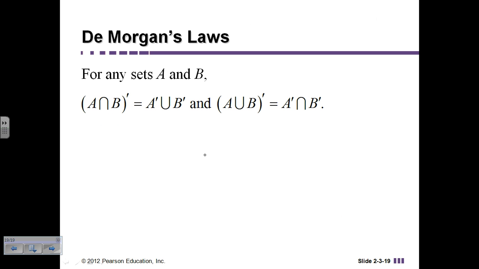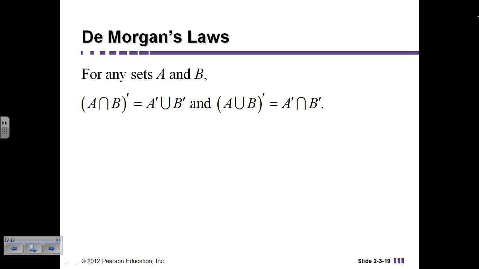And that brings us to something called De Morgan's law. What that says is that for any set A and set B, the complement of the intersection of A and B is the same thing as the complement of A unioned with the complement of B. And if you think about the opposite one, the complement of the union of A and B is the same thing as the intersection of A complement and B complement.